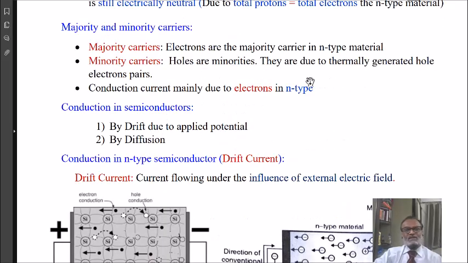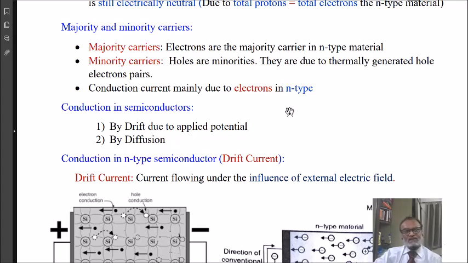Now let us see the conduction in extrinsic semiconductor. Whenever we apply the external potential, the current flows because the charged particles move in a specific direction and constitute the current.